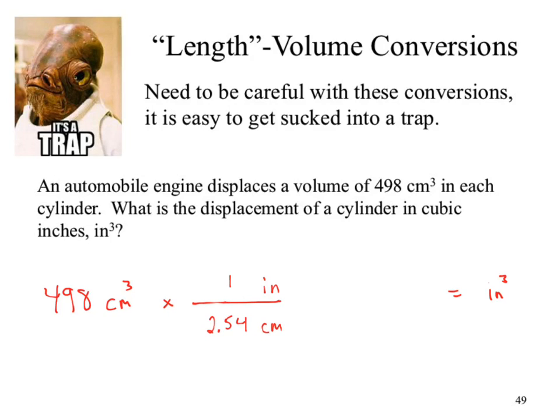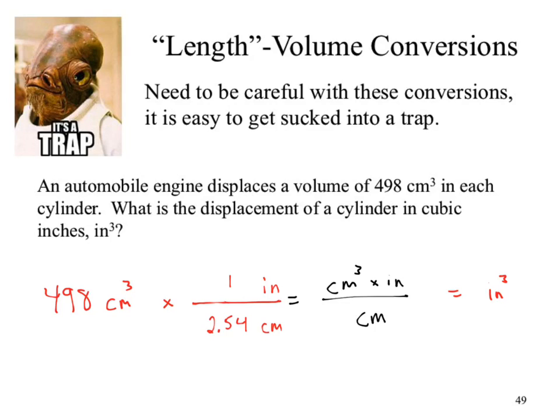If we went through and did just this conversion, what would we get as an answer? Just give me the units. I would get centimeters cubed times inches, divided by centimeters. I'm showing a little bit more work for those people that missed. We're just grouping all the units.